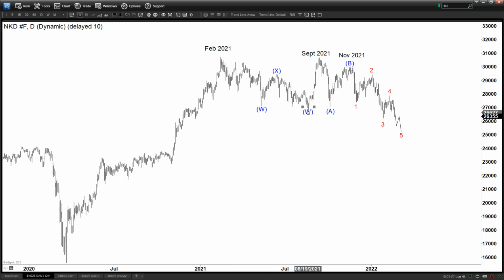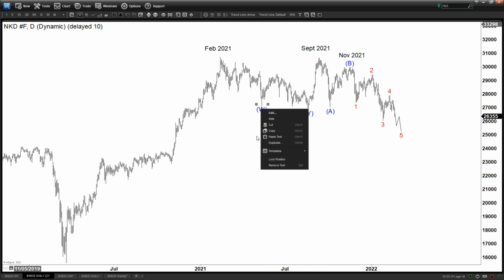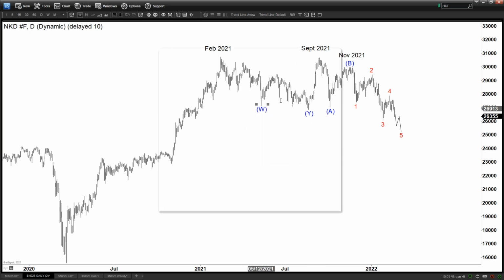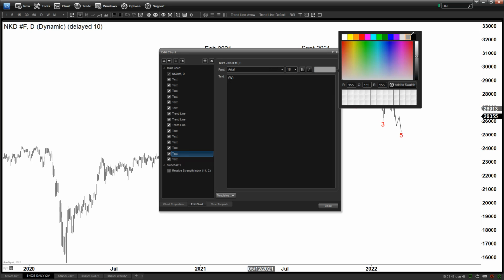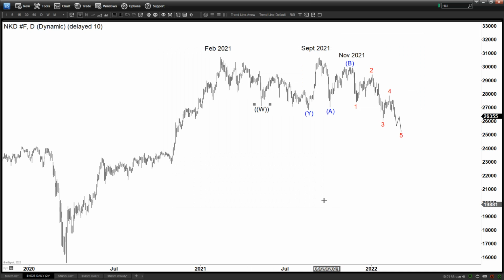WXY, and that WXY, you got this big rally here. I mean, if you want to call this an impulse, I guess you can. If you want to call it an impulse, you can call it this way: expanded flat, like so.